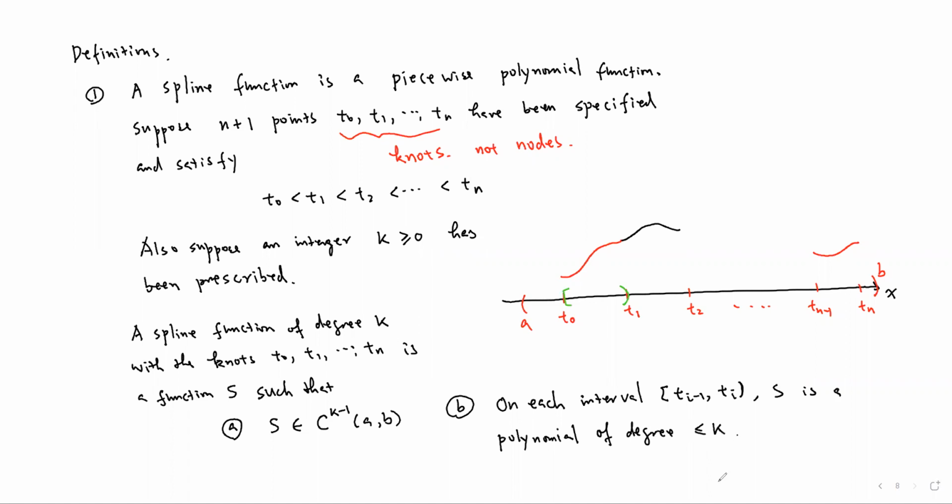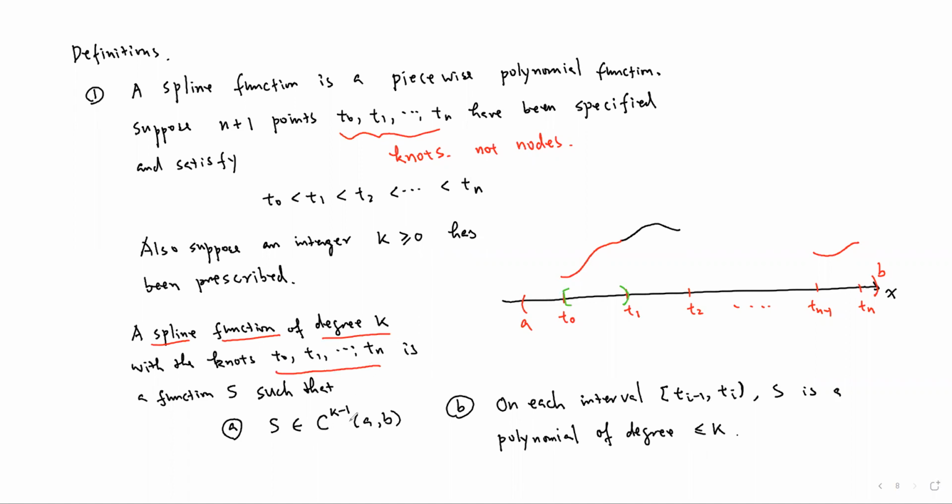If a function satisfies these two conditions, we call it a spline function of degree k associated with these given knots.